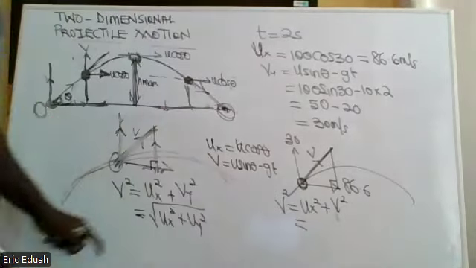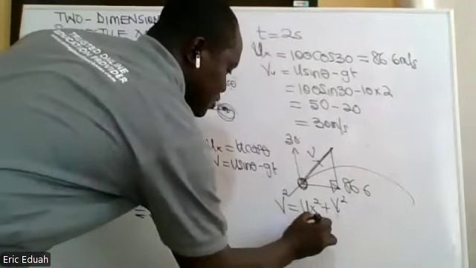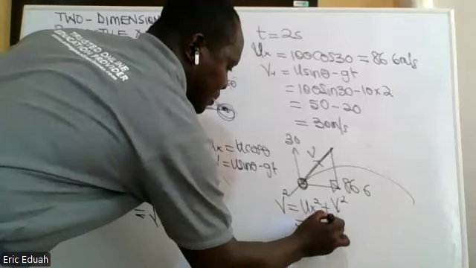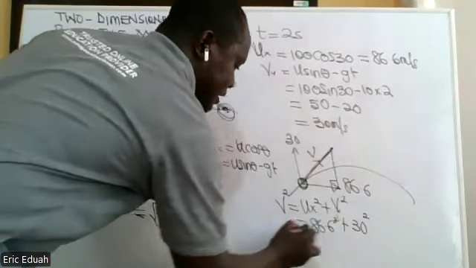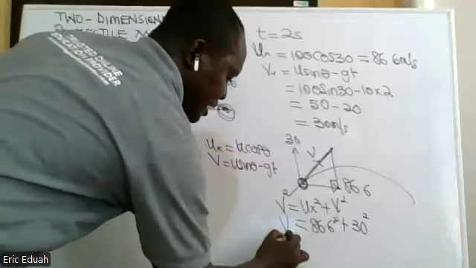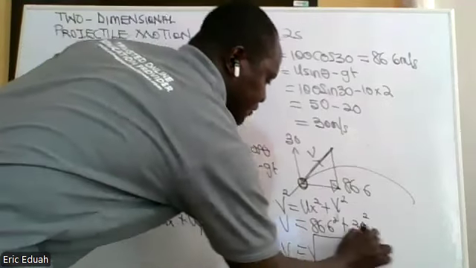Ux is 86.6, so 86.6 squared plus 30 squared. V would be equal to the square root of this.